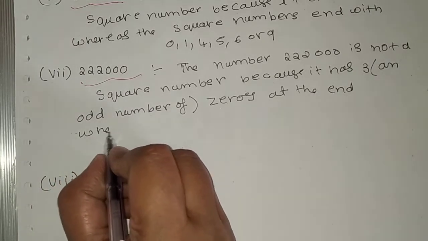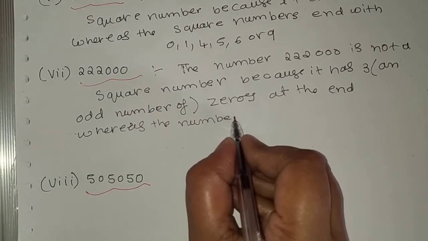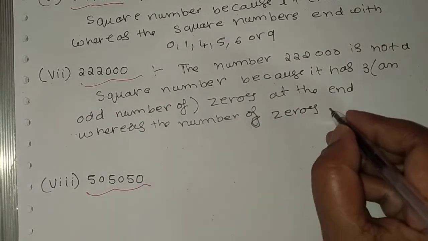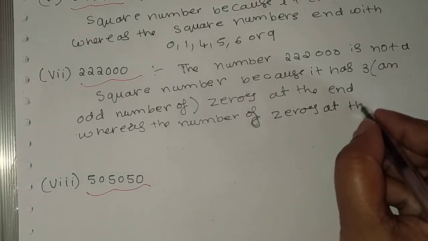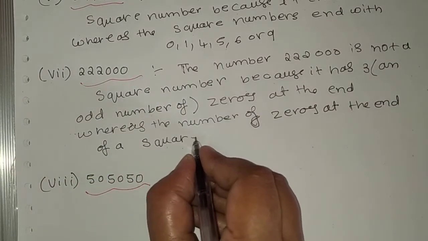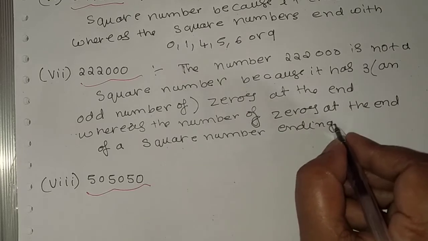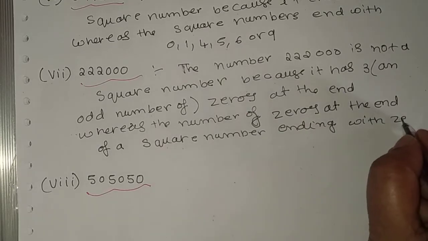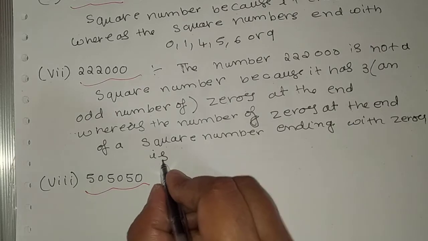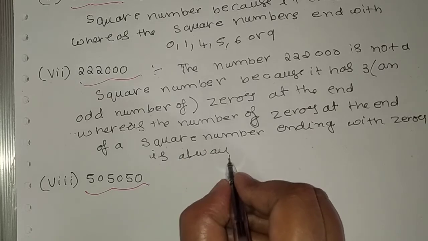whereas the number of zeros at the end of a square number ending with zeros is always even.